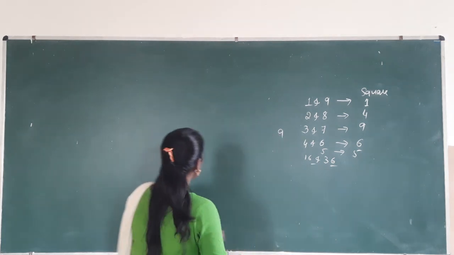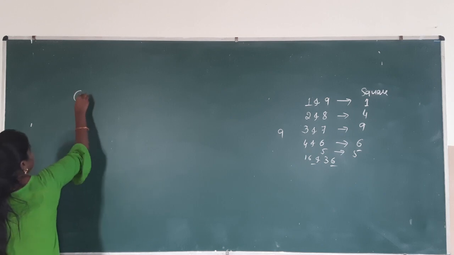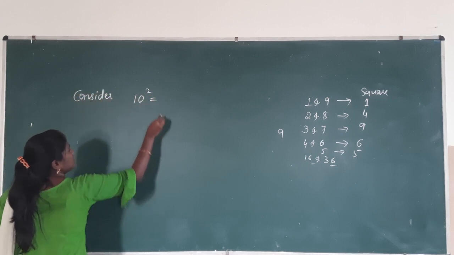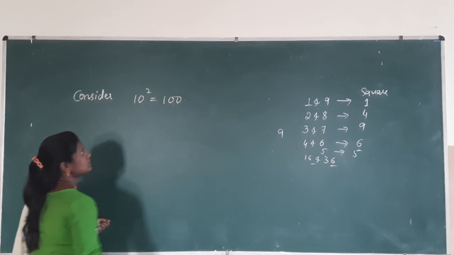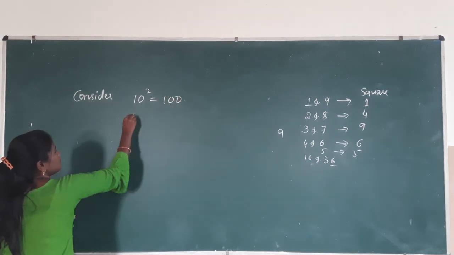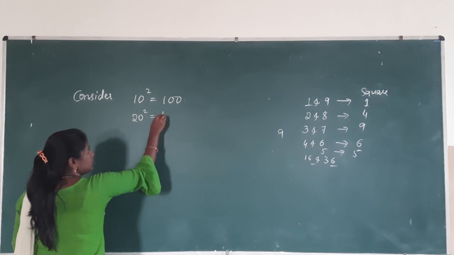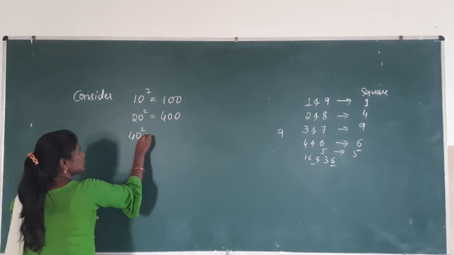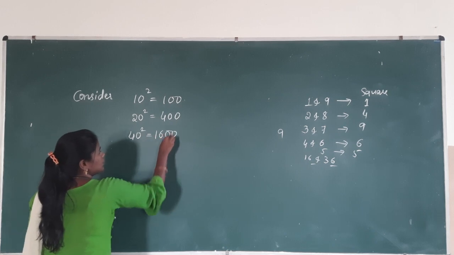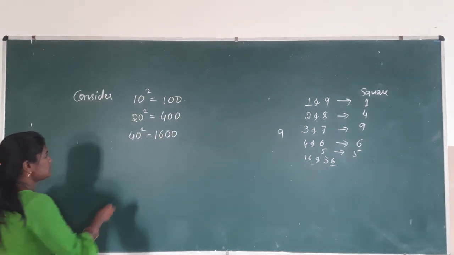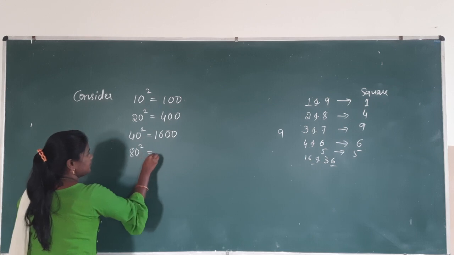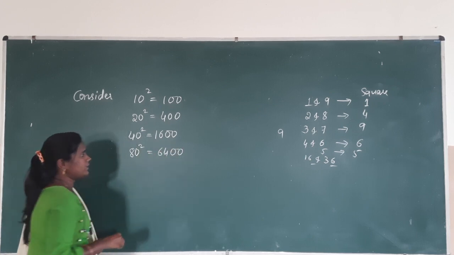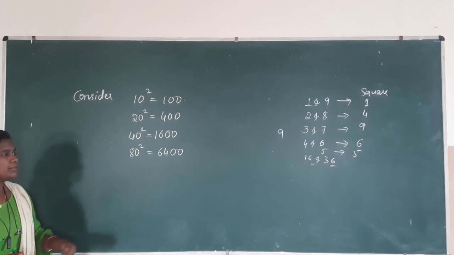Let us consider some numbers. 10 square is 100. 20 square is 400. 40 square is 1600. 80 square is 6400. Is it so?